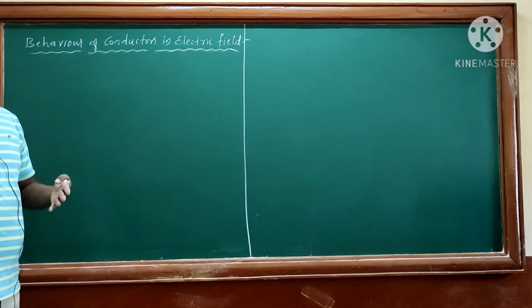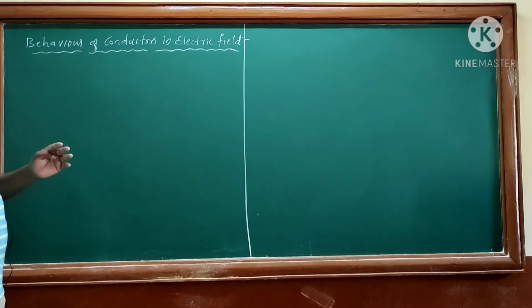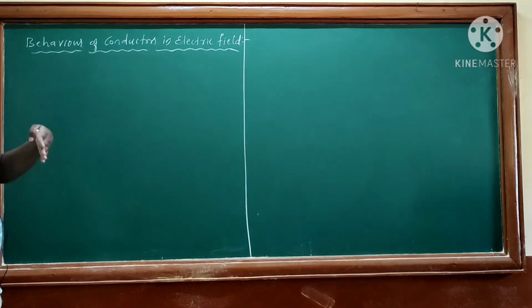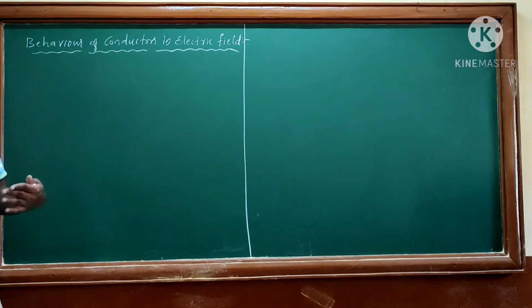When the conductors are placed in the electrostatic field, their behavior is different. How does the conductor behave in the presence of the electric field, that we will see here.